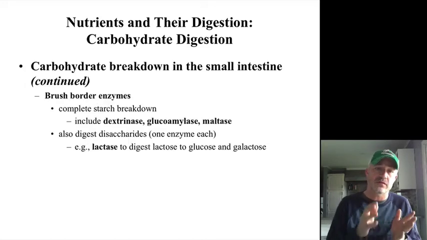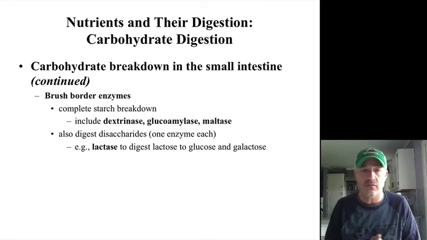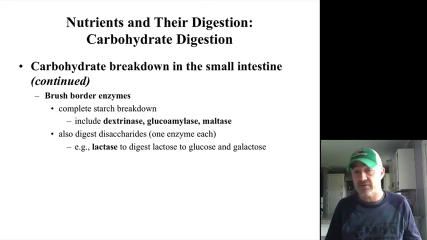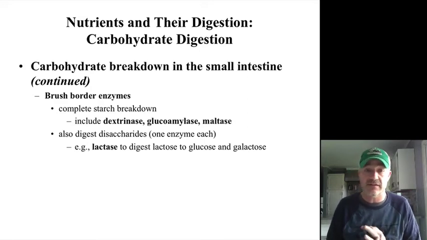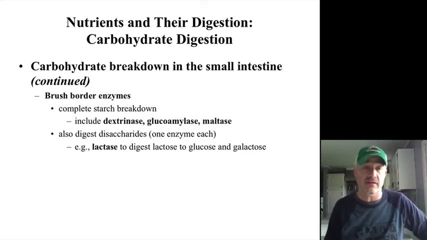There are also some specific enzymes released by the intestinal wall. So brush border enzymes, these are the ones that the epithelium is releasing. You can see things like maltase, glucoamylase, dextrinase, and lactase, which for those people who aren't lactose intolerant, can take lactose and break it down into glucose and galactose.